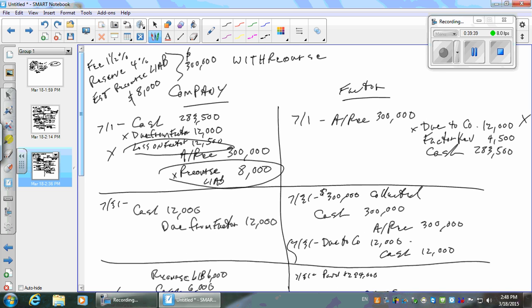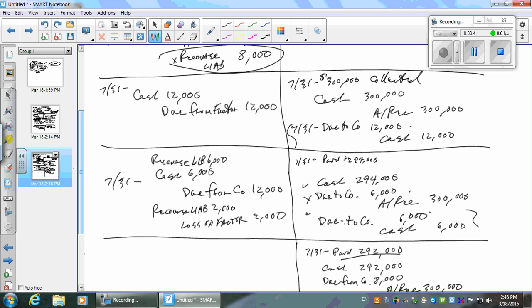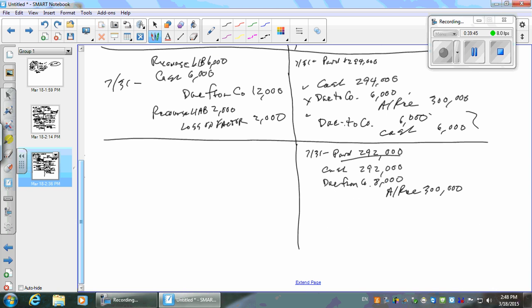So when I debit, it goes away. Liability goes away. So now what do I do? What do I have left in due to company? 4,000. So credit cash 4,000.